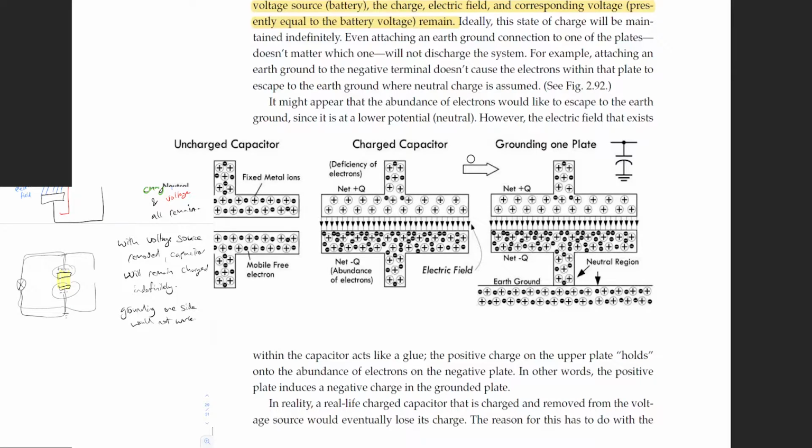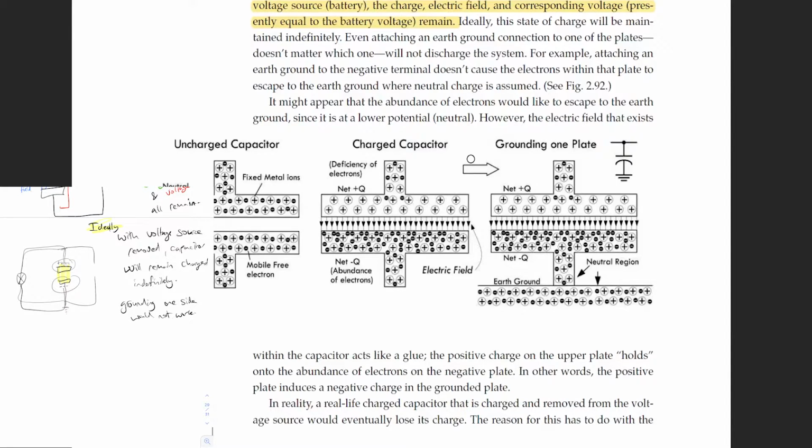So in real life, a capacitor, so let's put ideally here because it's not real life. It's ideally a voltage source removed. Okay, so I like that. Now I'm going to write down a bit about the electric field.